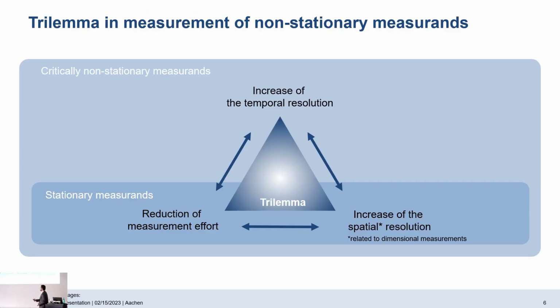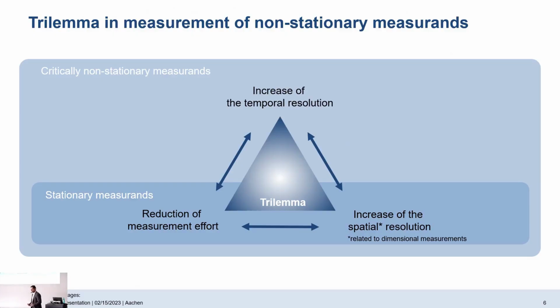However, there is a second goal, the reduction of the measurement effort. So we would tackle these two goals by first taking care that we meet the requirements with the spatial resolution, and then afterwards we would try to reduce the measurement effort as much as possible.